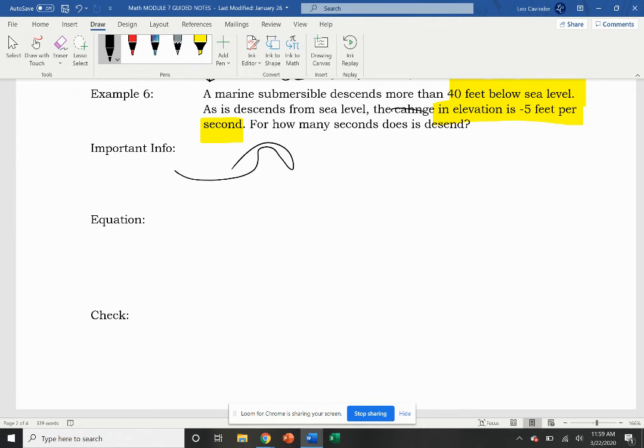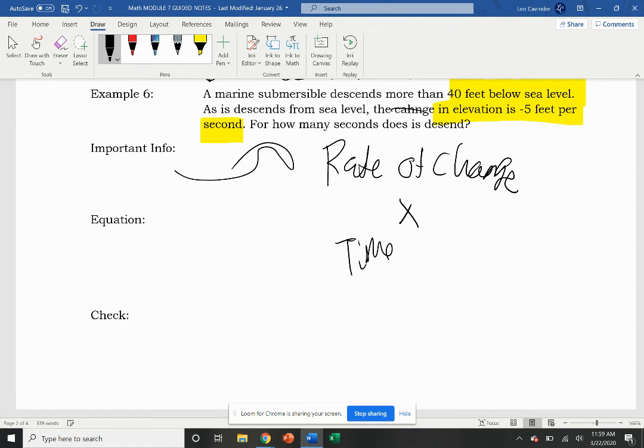When it comes to making an equation, we need to formulate a plan. So it's going to be the rate of change times the time in seconds equals the final elevation.